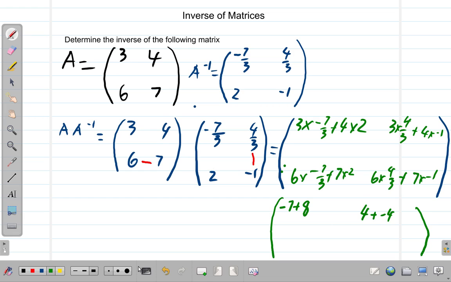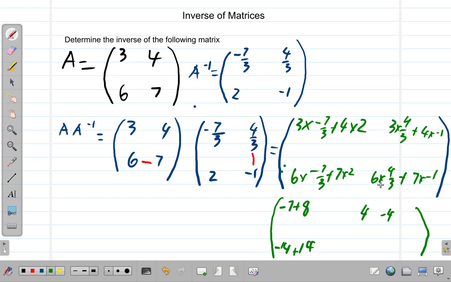But it's the same as 4 minus 4, so you might as well just write it as 4 minus 4 here. After that, 6 over 3 times -7. 6 divided by 3 is 2. 2 by -7 is -14, plus 7 by 2 is 14.